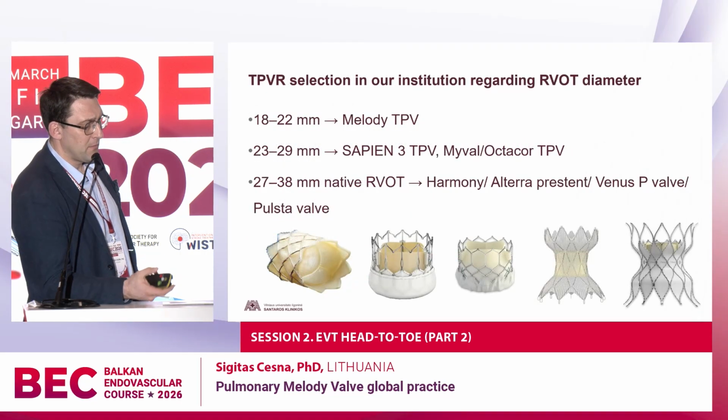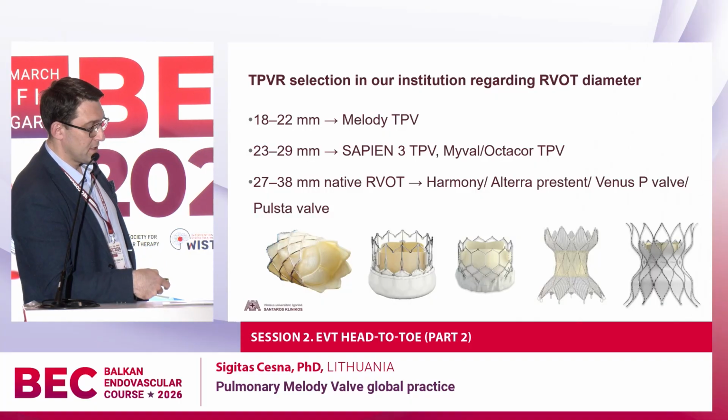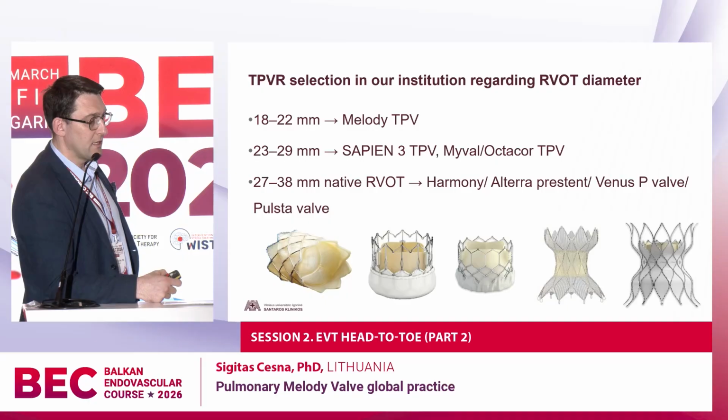So in my institution, we have several options to treat these patients. The first one is the Melody Valve, which is one of the smallest, but one of the most often used. This may cover anatomy up to 22 millimeters.